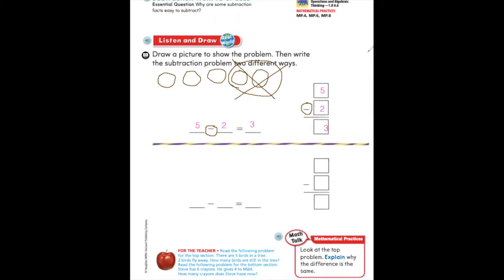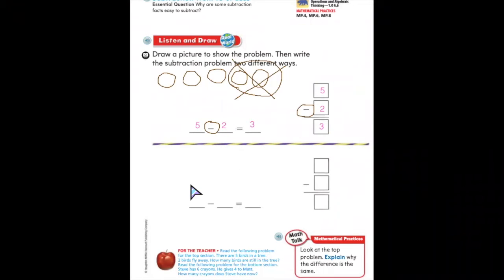Let's think about that. What do you think? You might be thinking that they are different because they are going different ways. This subtraction sentence goes across. This subtraction sentence here is going down.